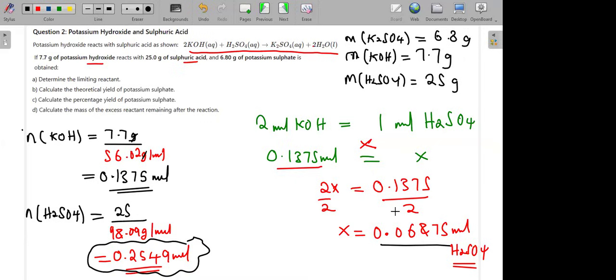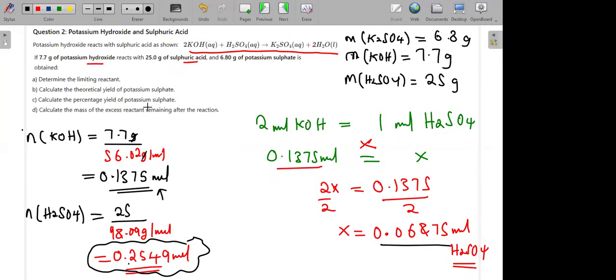So yes, sulfuric acid is in excess because the initial moles that we have in the reaction is 0.2549. But what this other guy needs, the potassium hydroxide, only needs this amount of sulfuric acid. But in the solution, we actually have this amount of sulfuric acid. So it means the sulfuric acid there is in excess.